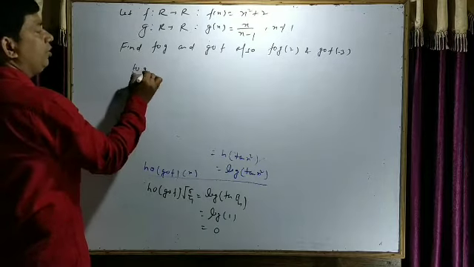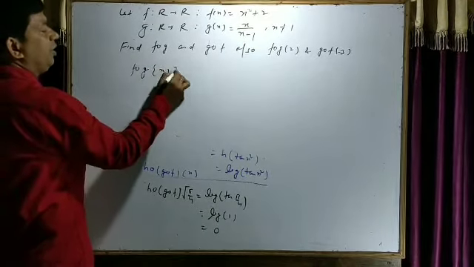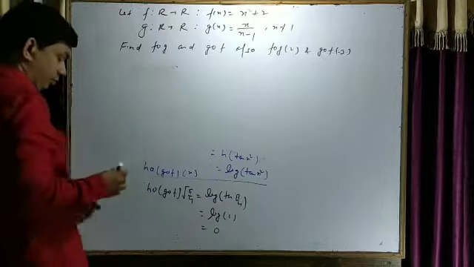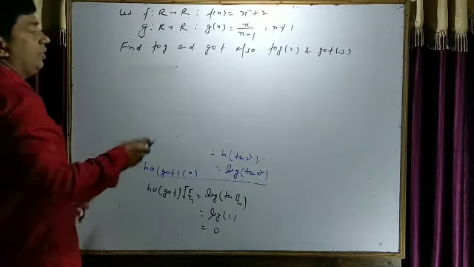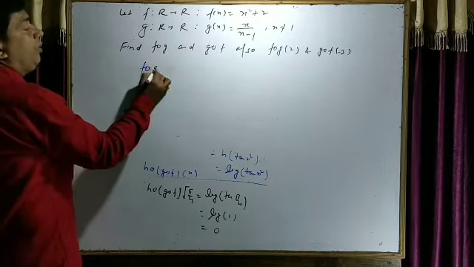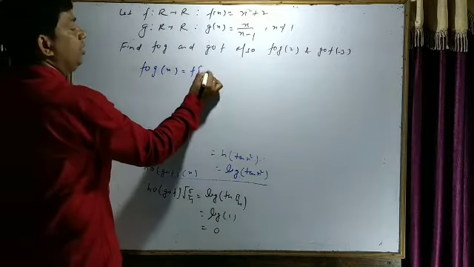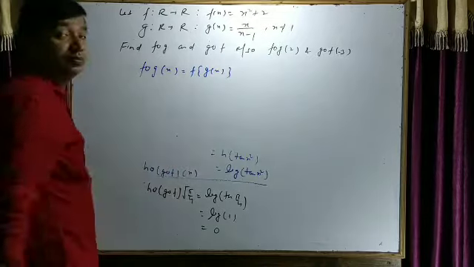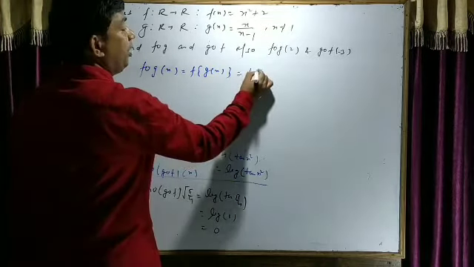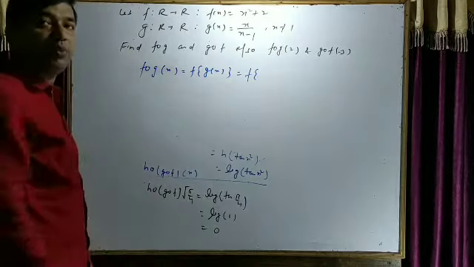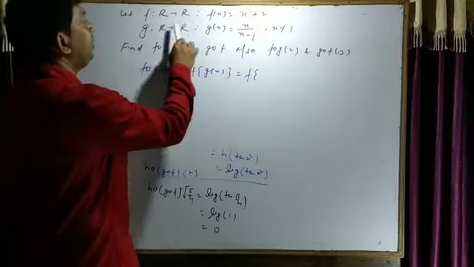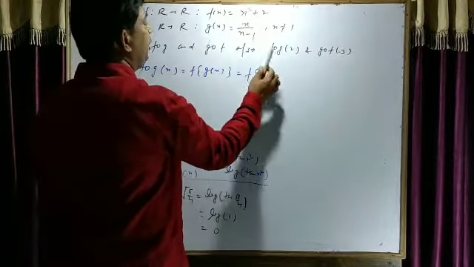So for fog of x, fog of x equals what? f of g of x. This means, what is g of x? g of x is x by x minus 1.